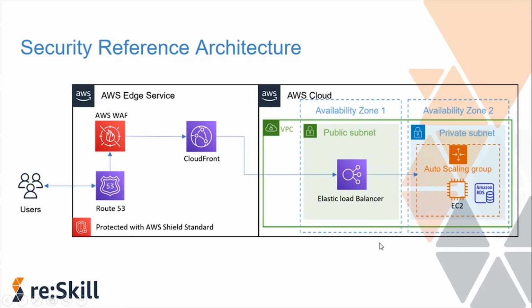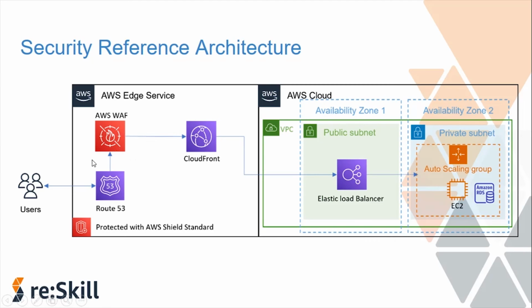The traffic to these resources is routed through Route 53, and CloudFront is there for caching and faster content delivery. Finally, WAF and Shield are there for providing additional security in this architecture. An added layer of security can be provided to our applications by using the web application firewall. So we have seen how it works.